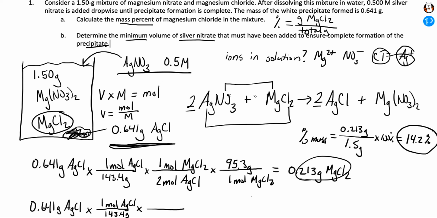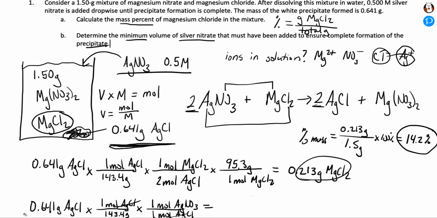In my balanced reaction, there are 2 moles of AgNO3 for every 2 moles of AgCl. In other words, that's a 1-to-1 ratio. So however many moles I have of AgCl, I'll have the same number of moles of AgNO3. So I'll write 1 mole AgNO3 over 1 mole of AgCl. We really don't need that part, but we'll do it so we can see all those cancel out to give us units of moles of AgNO3.